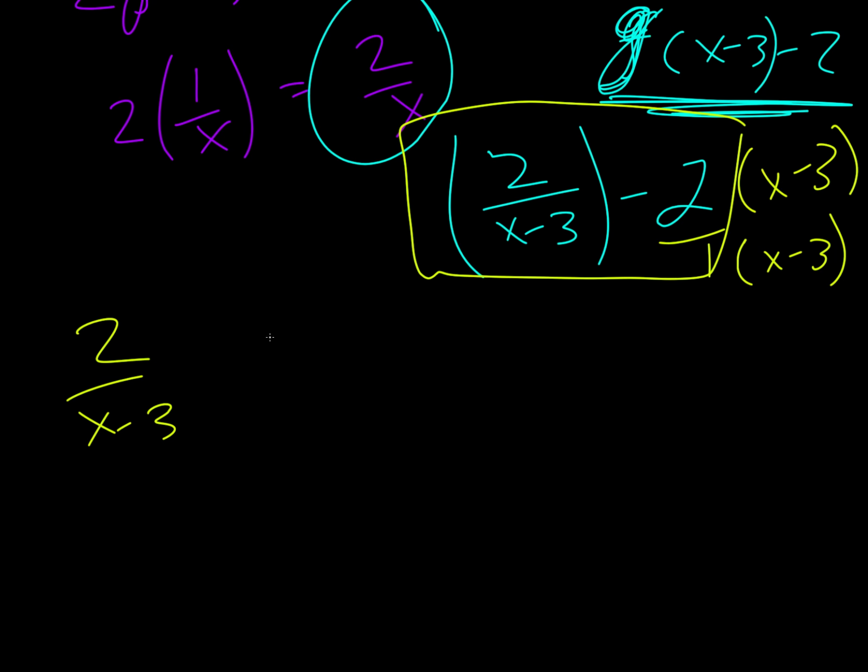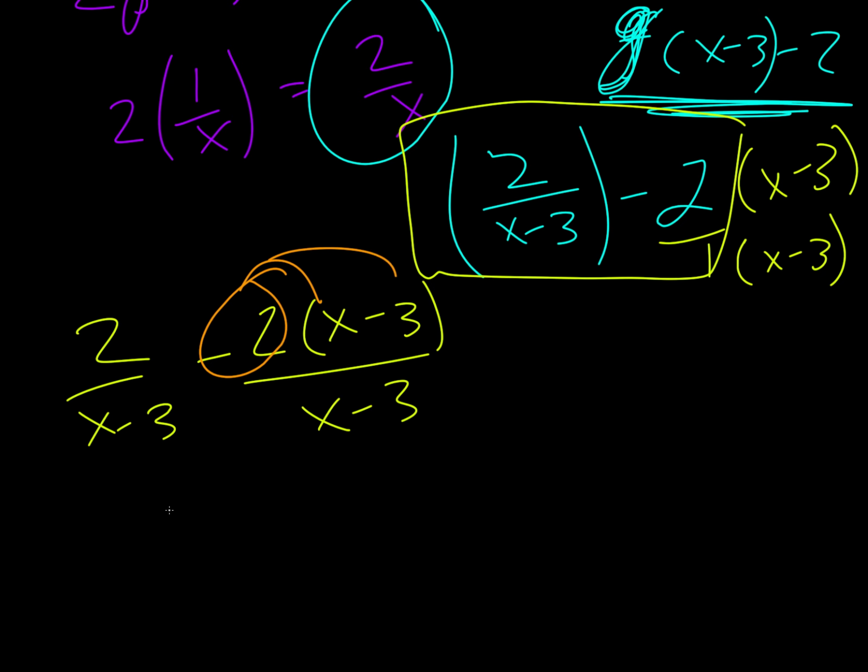And so we get minus 2 times x minus 3 all over x minus 3. Okay, I'm going to distribute the negative 2. So we still have 2 over x minus 3. And then this is negative 2x plus 6 over x minus 3.